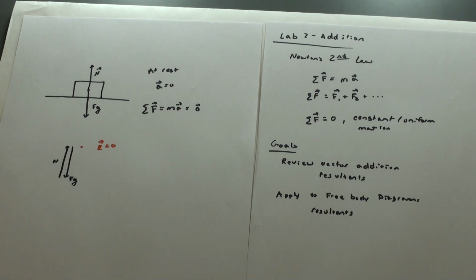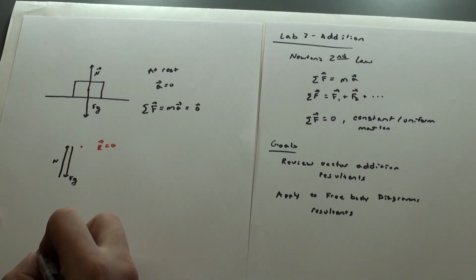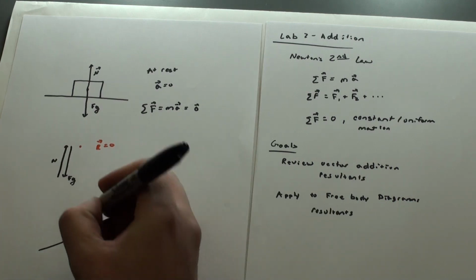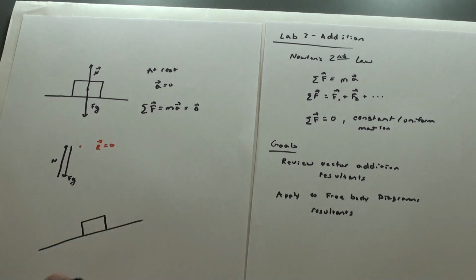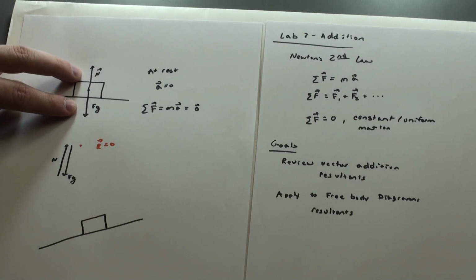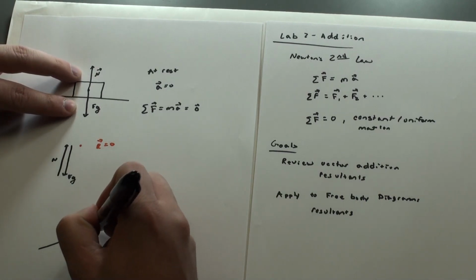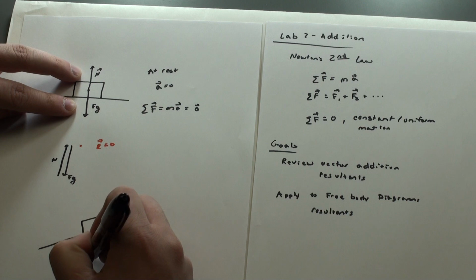Then let's look at a situation where we have a box sitting on a frictionless surface that's tilted. We once again have the same two forces that we had before. We have the force due to gravity, and that's going to act straight down.